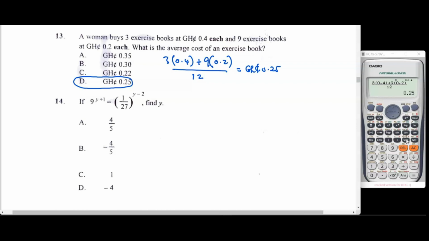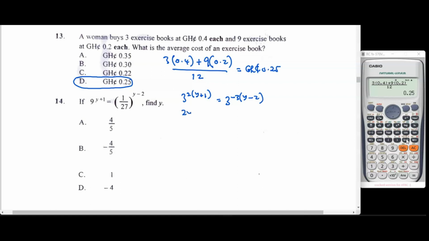I believe 3 is the common base. 3 raised to the power 2 into bracket y plus 1, all equal to 3 raised to the power negative 3, because that will give you the 1 over 27, all into bracket y minus 2.